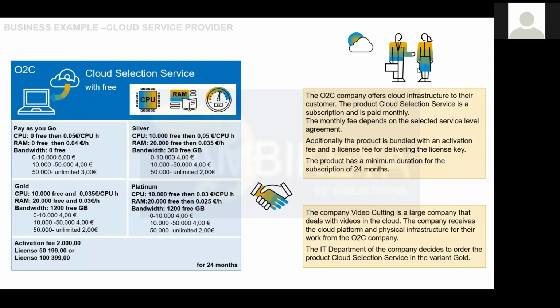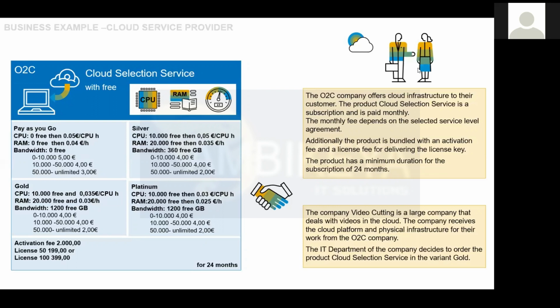Now I would like to introduce our training example. I have decided that we use the same story for the whole curriculum. We use a cloud selection service. In this cloud selection service, we technically have different services that we offer to the customer in our product. We have the usage of CPU, RAM, and bandwidth. And I decided that we use different price models here.